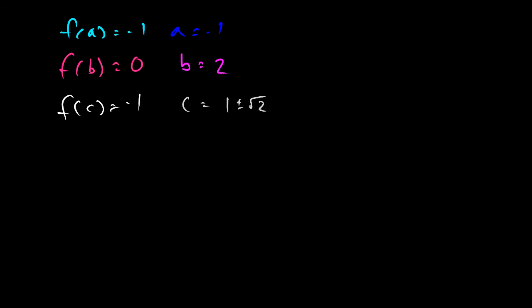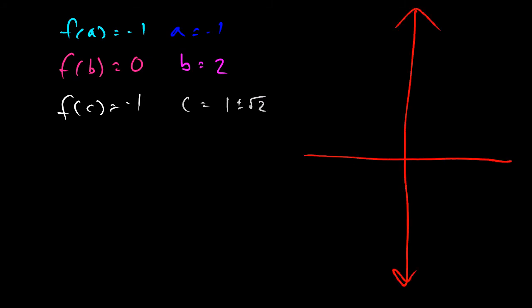Alright, so now let's look at a graph. So A was at -1, B was at 2, f of A was at -1, f of B was at 0.